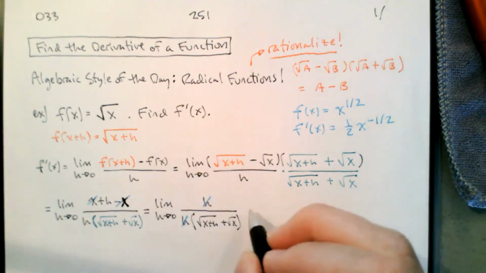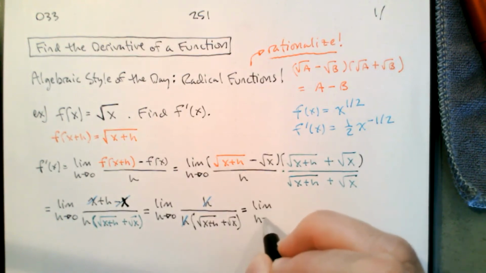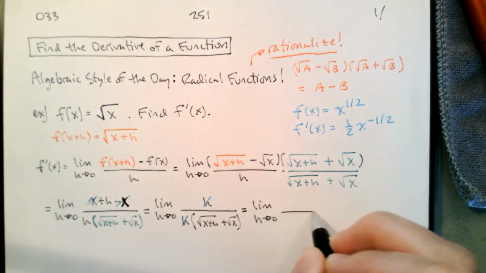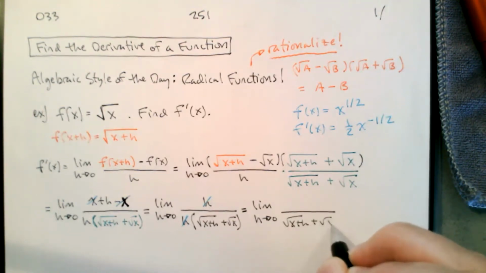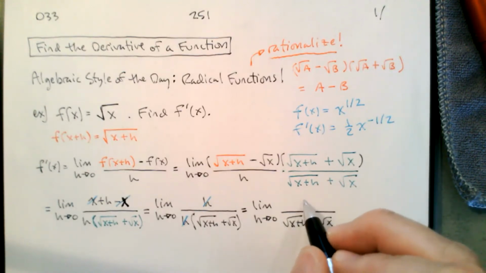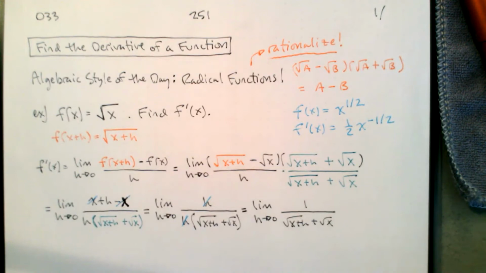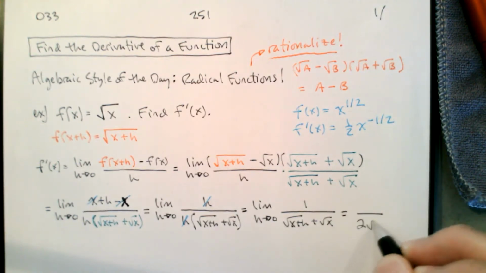Now we can let h go to 0 by just plugging in 0. Now when h goes to 0, I get 1 over the square root of x plus another square root of x. So I just get 1 over 2 square root of x.